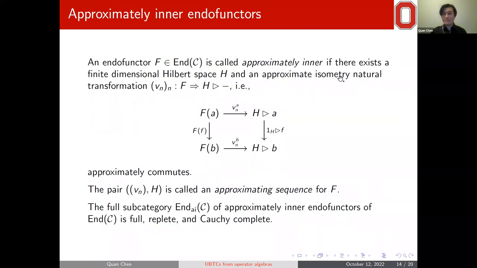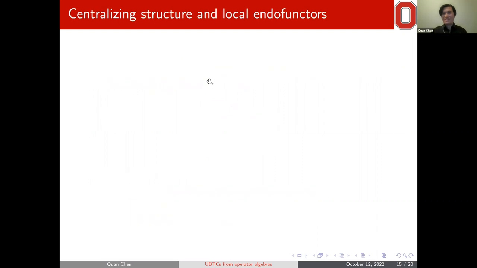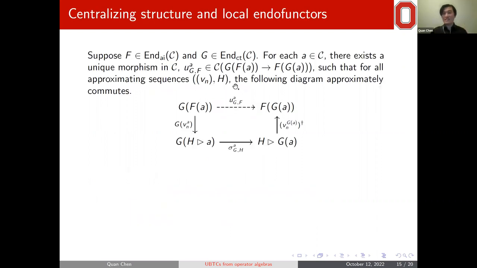It's isometric, so approximately dominated by that. So by using the centrally trivial and approximately inner, they should kind of have a braiding, but it seems like they are an approximate braiding.